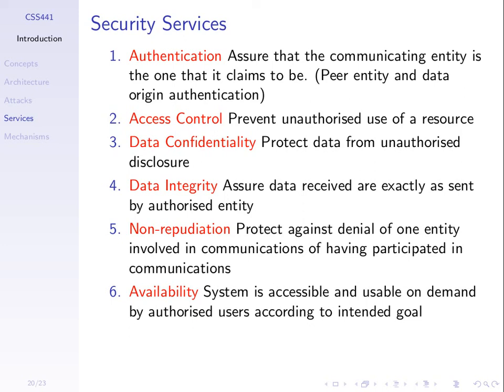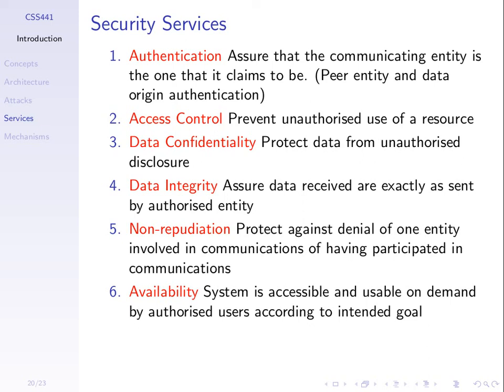Even if the data is not sent across the network, the data at rest, the integrity may be compromised. So a modification attack is an attack on the data integrity service. Where I send a message and someone modifies it along the way, then that would defeat this service.